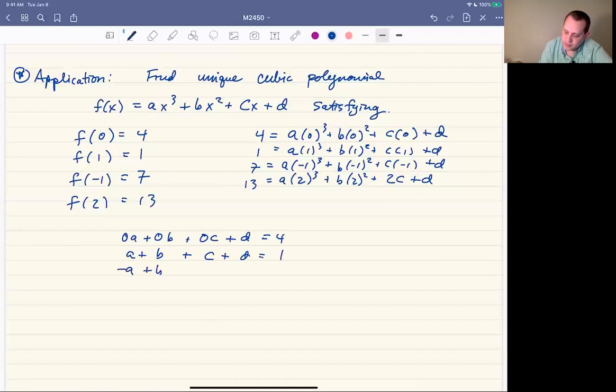Negative a plus b negative c plus d equals 7. And 8a plus 4b plus 2c plus d equals 13. And so it turns out that that's going to be our system. And whether or not we can solve the system tells us whether or not there's a unique cubic polynomial.